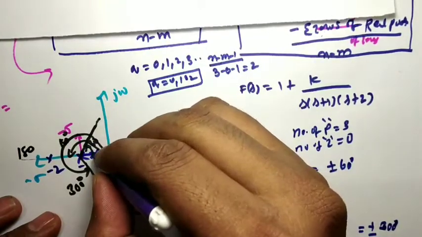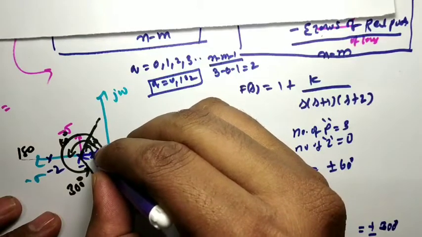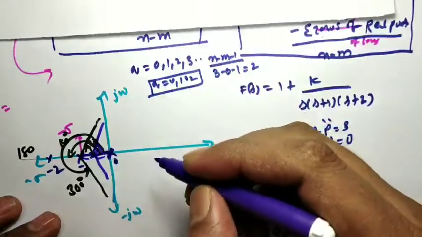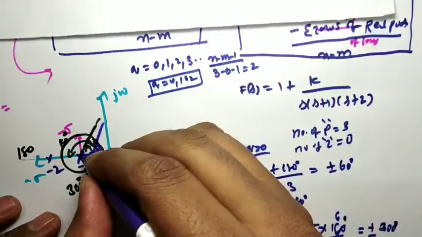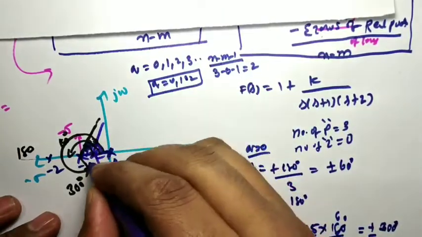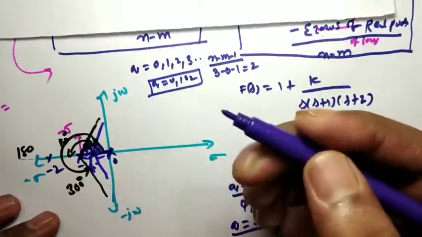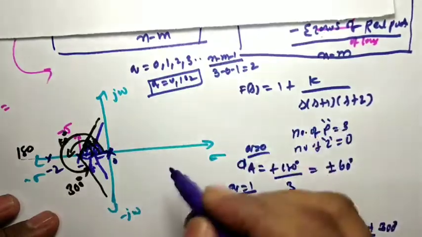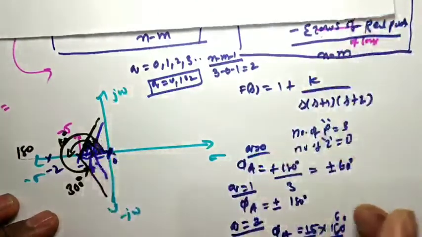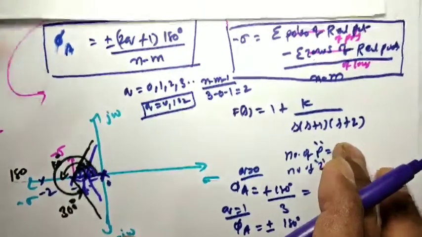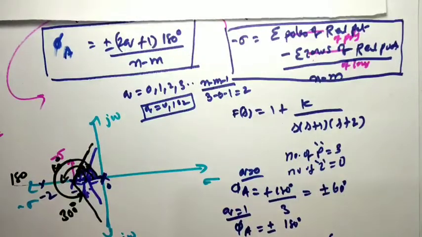After breakaway, this root will move at an angle of 60 degrees, and this root will also move at an angle of 60 degrees. So this is about centroid and angle of directions.